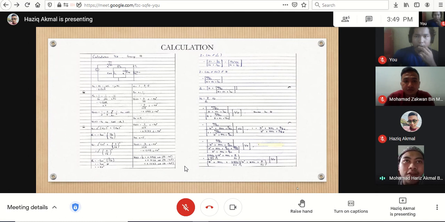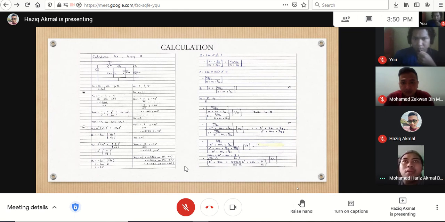For n equal to 3, we get 0.2122 angle negative 90 degree, and for n equal to 5, we get 0.1273 angle negative 90 degree. And then our Vs(t) is 1 over 2 plus 0.6366 cos pi t minus 90 degree plus 0.2122 cos 3 pi t minus 90 degree plus 0.1273 cos 5 pi t minus 90 degree.